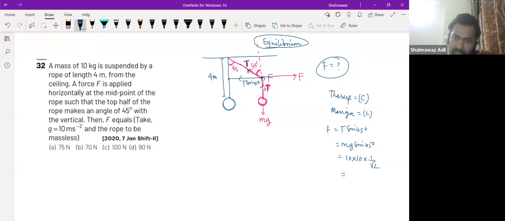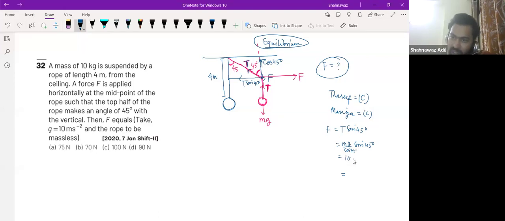So this part is T cos 45. So T cos 45 is mg. So T is mg by cos 45.